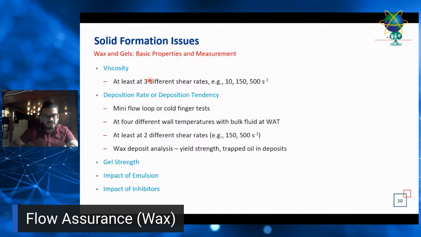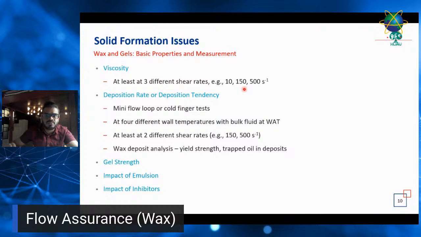So for viscosity, we need at least three different sets of data, at three different shear rates. The shear rate can also be known as your flow rate. So basically, how we identify the shear rate depends on the flow rate of your flow line.